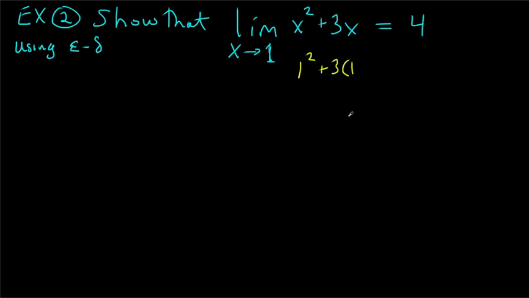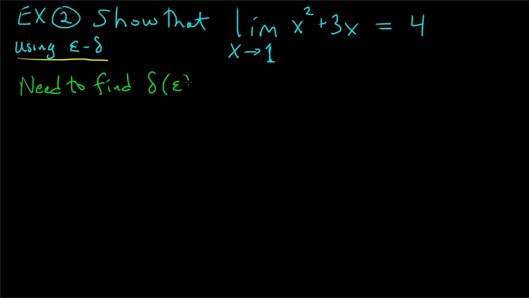So finding the limit is not that hard, at least I hope not. But proving that that's the limit using epsilon delta is going to be a little bit trickier. Remember what we need to show. We need to find a delta, which will depend on epsilon, although it doesn't have to, but it usually does.